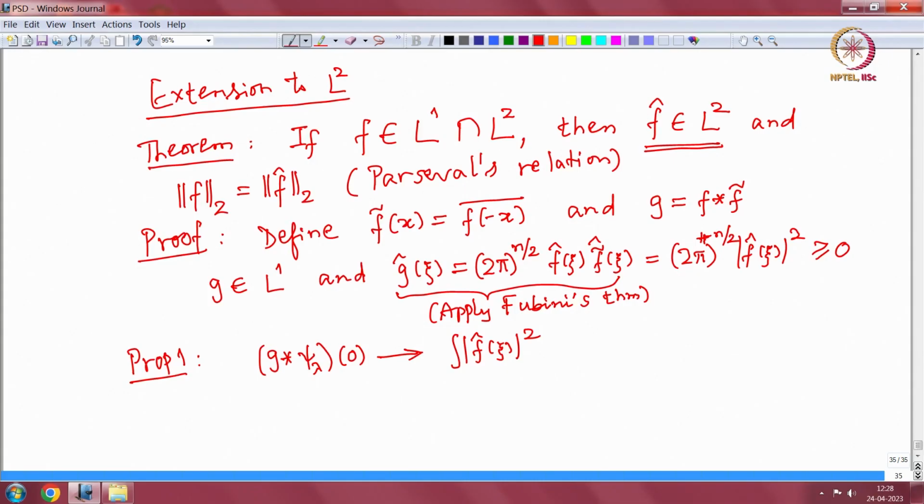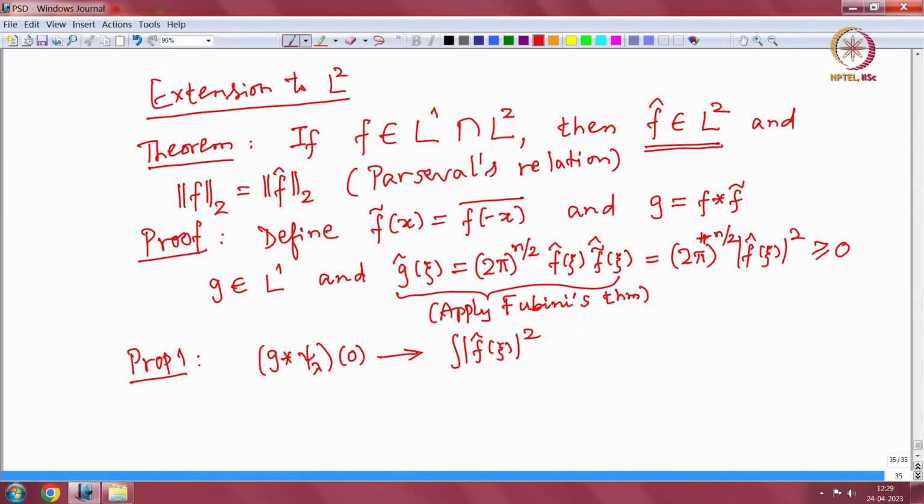This is called the Parseval relation, and it is an important step in the extension of the Fourier transform. The proof is already done in the sense that all preparation is done. You just have to apply propositions 1 and 2.